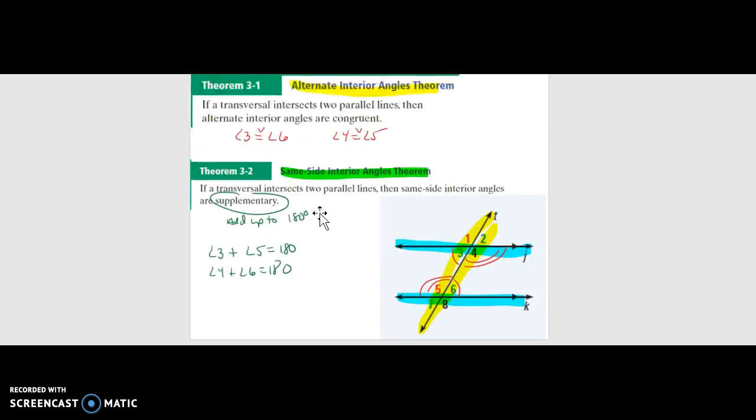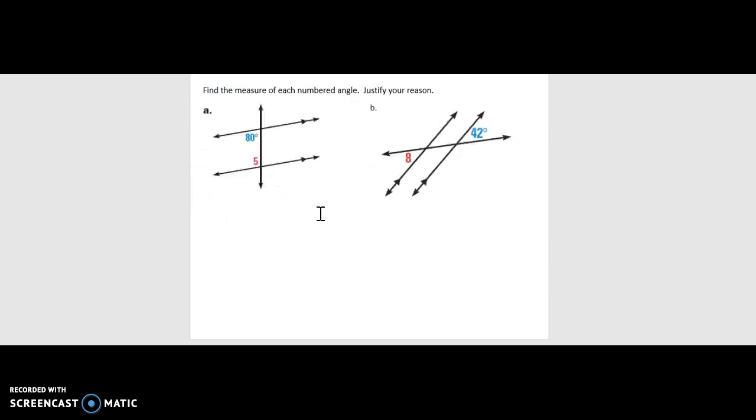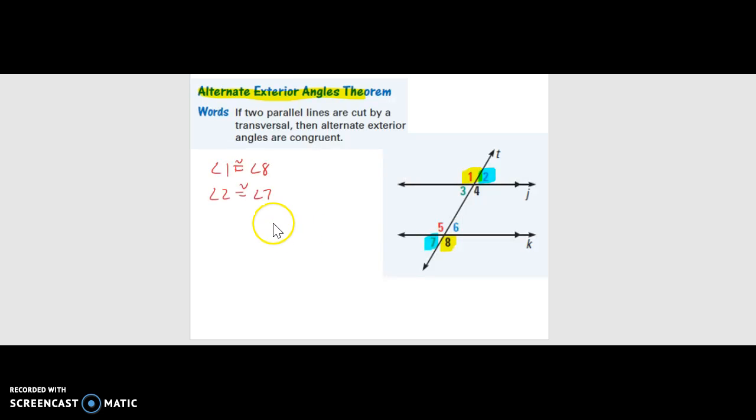Okay, the only other ones they don't really talk about here that we need to know is corresponding angles. What we know is corresponding angles are congruent when lines are parallel.